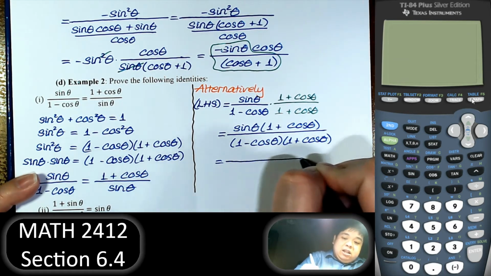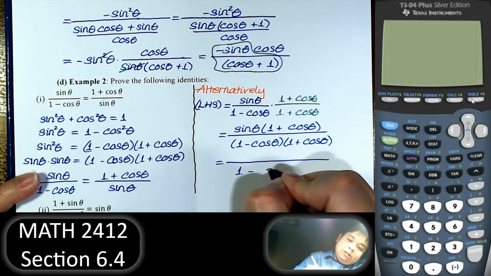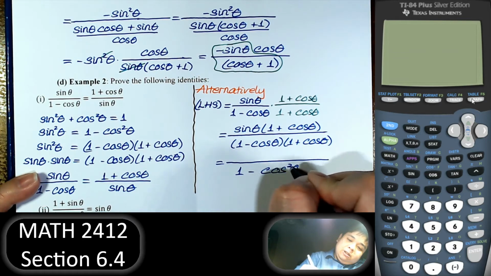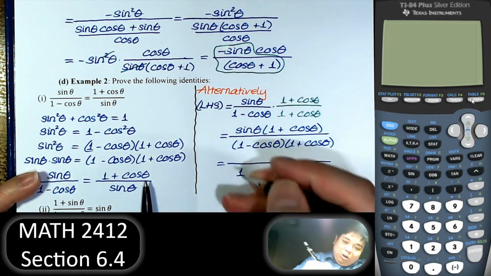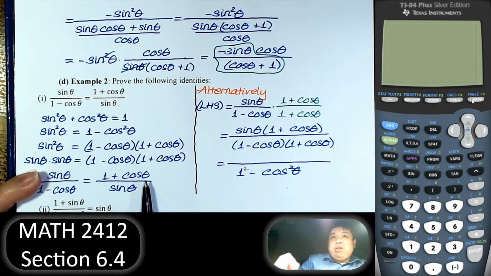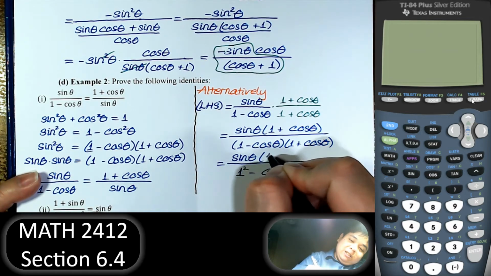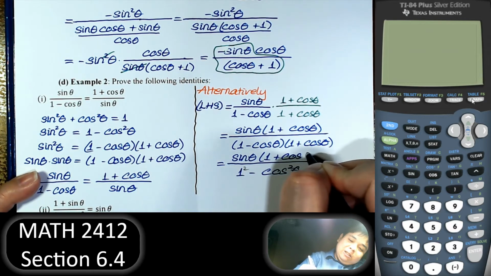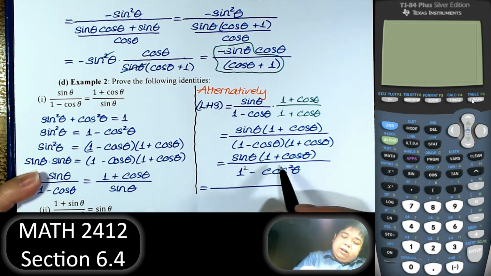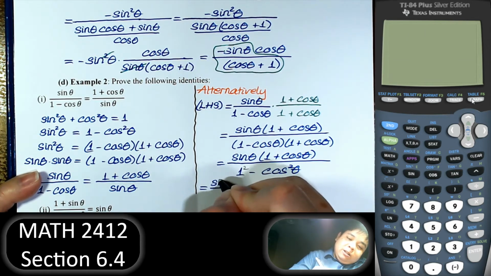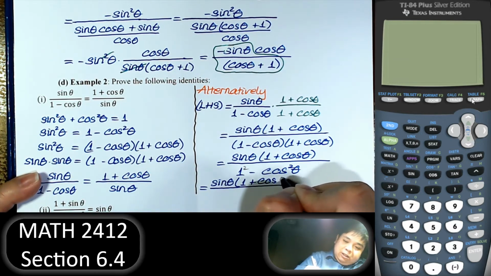And we did say that these are a difference of two squares: 1 square minus cosine square, because you can write 1 square too if you want to. On the top, don't do anything. Now, we have sine and 1 plus cosine of theta.